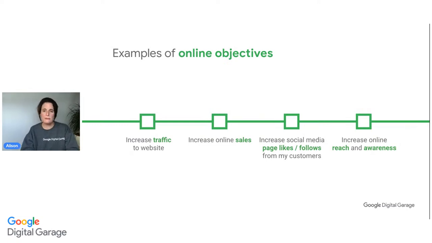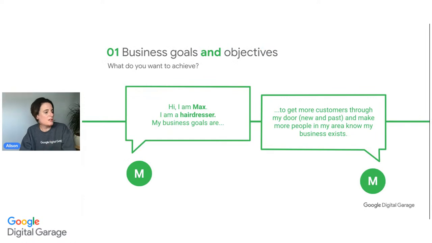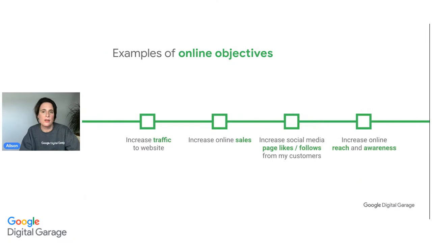Now, what we want to think about, your business has some goals. Because we're talking about digital marketing, we want to make them online objectives. So these are his general objectives: get more people through the door, make more people know his business exists. We now want to make these into online objectives.